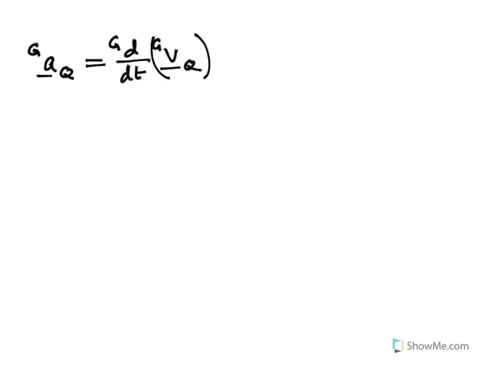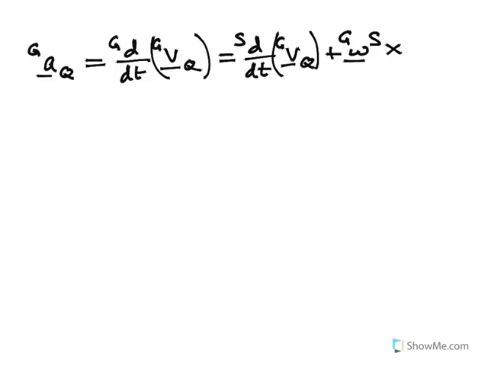But because that velocity is expressed in coordinates that are fixed in reference frame S, this is equal to d dt in S of the velocity of point Q as viewed by an observer fixed to the ground plus the angular velocity of S in G crossed with the velocity of point Q as viewed by an observer fixed to the ground. That applies because the transport theorem needs to be performed from S to G, because the vector VQG is expressed in coordinates fixed in the shaft.